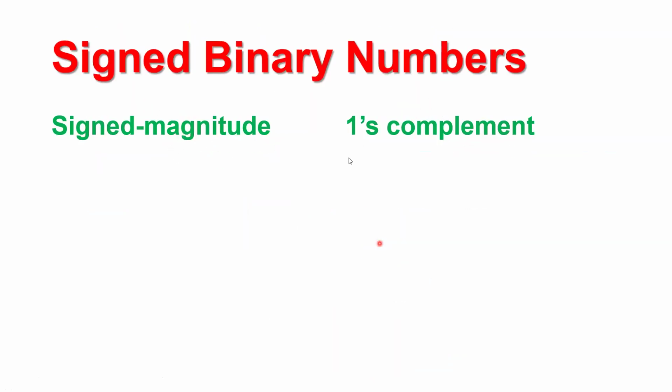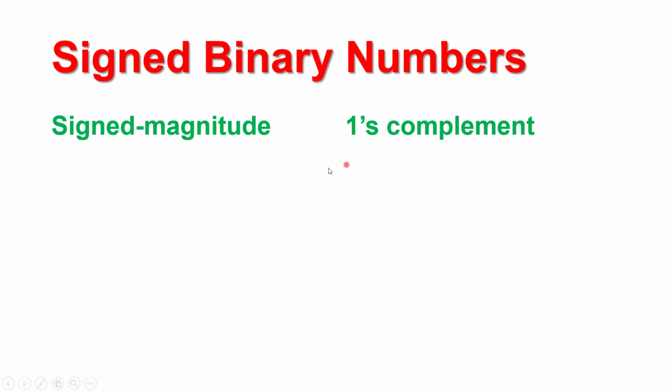Now let me take you to a comparison of these ways in which signed binary integers are represented. The first one is signed magnitude, which we have seen, and the second is one's complement, which we are seeing now. And there is a third one, two's complement, that will follow after this module.